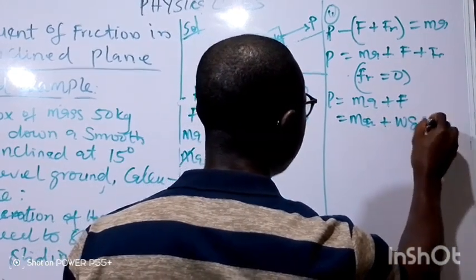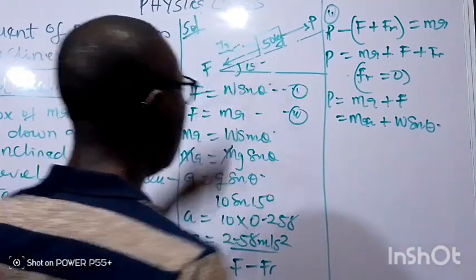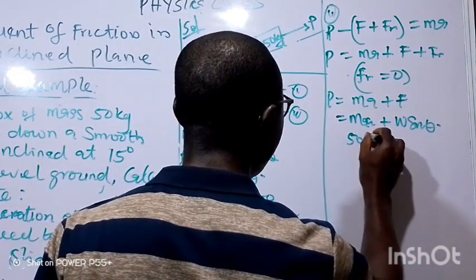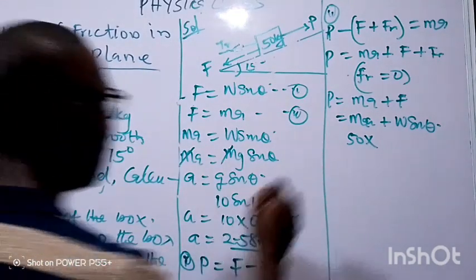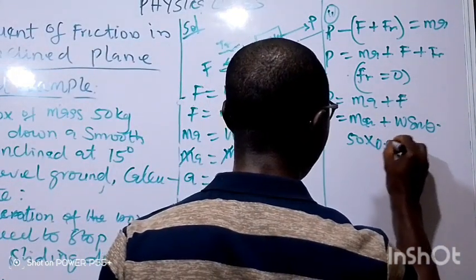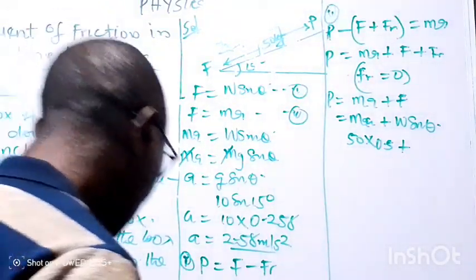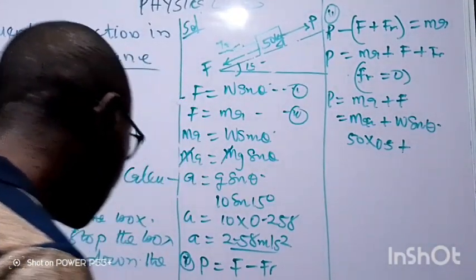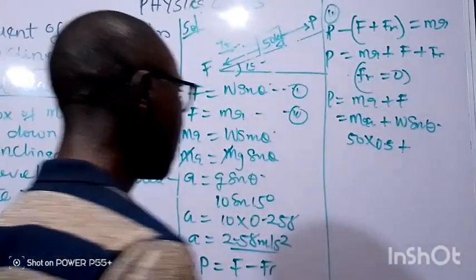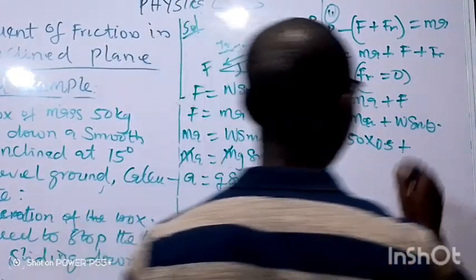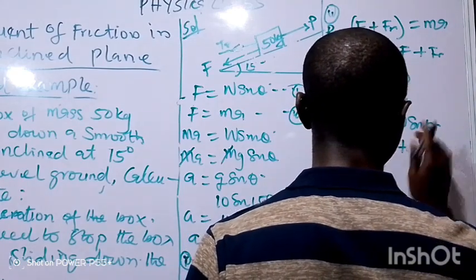So from there, we can now have our M is 50 multiplied by the acceleration given, 0.5, plus what we calculated as W sine theta the other time, 129. That is mg sine theta.